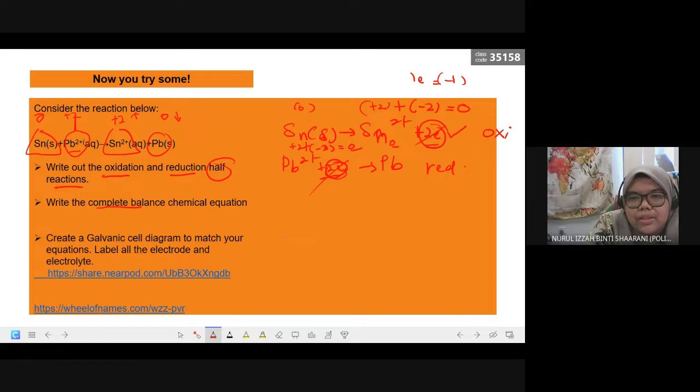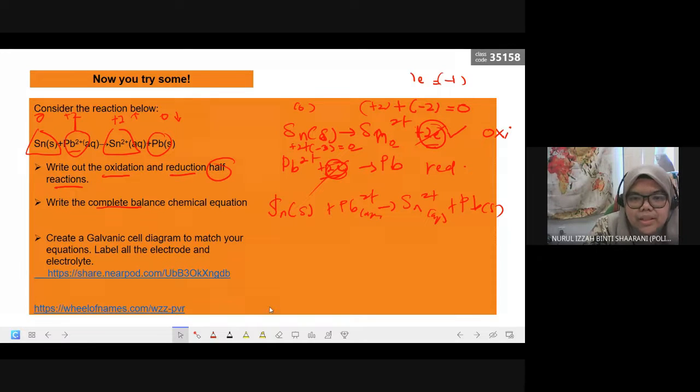So dah cancel out lah. So we just write down balik the chemical equation tu, plus Pb2 plus. So benda yang sama lah, Sn2 plus, Pb. Sekali dengan dia punya aqueous, ni solid. So selesai dekat situ.